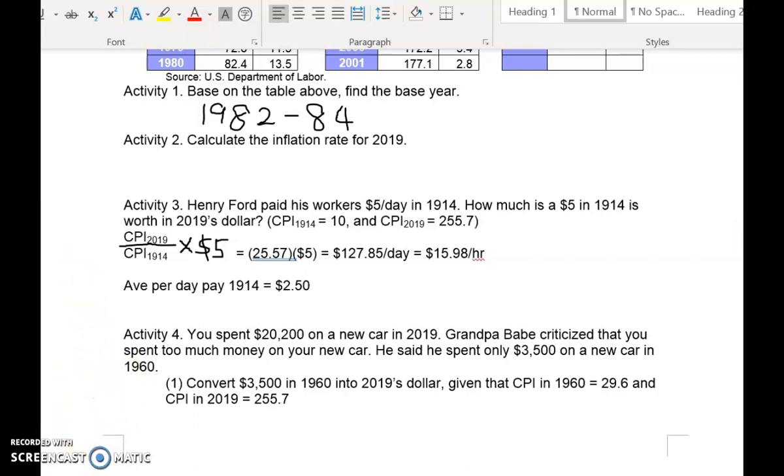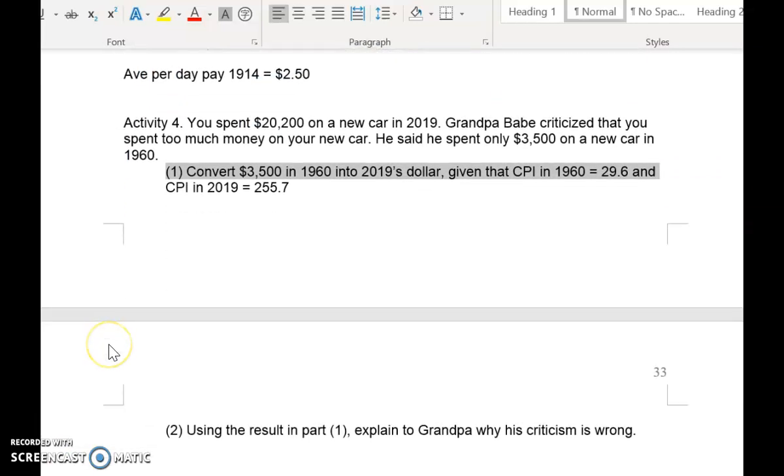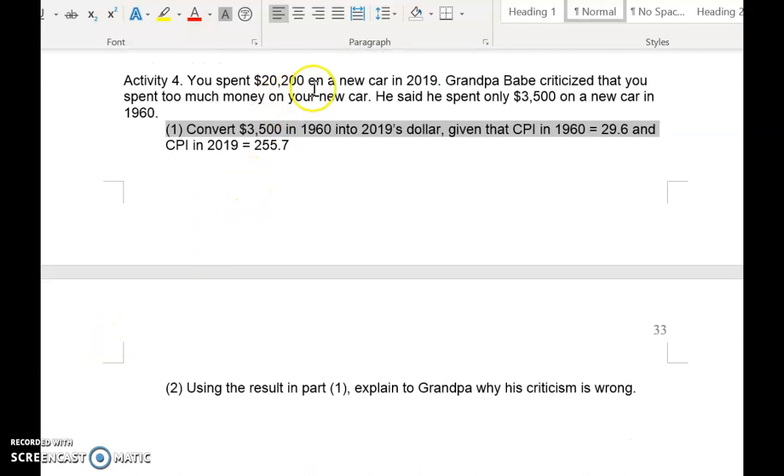So activity number 4 is this: you spend this amount of money on a new car, and then grandpa criticizes you, saying that he only spent $3,500 on a new car.